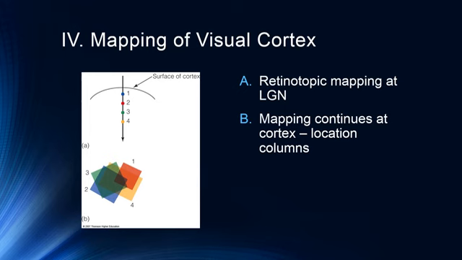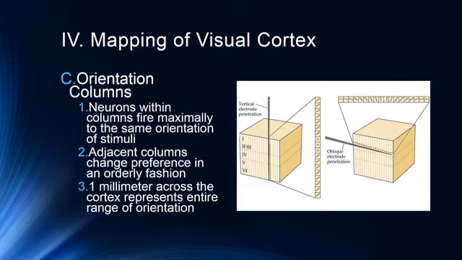So we have location columns responsible for specific locations on the retina. Those are contained in this column on the cortex. If we start looking at how this is all put together, if we go vertically into a column, we might have a single location with varying kinds of stimuli.